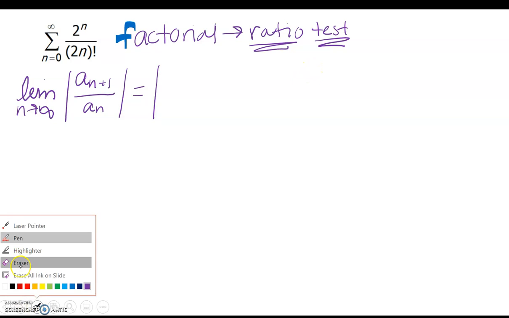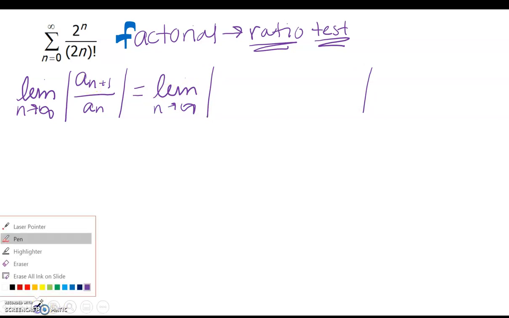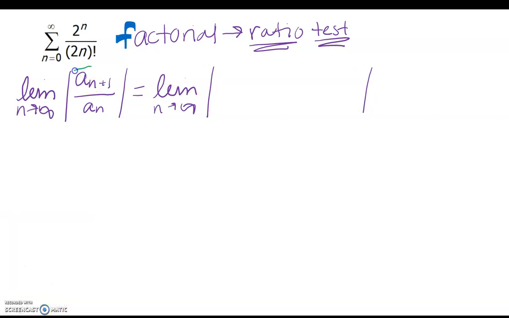Make sure I put in the limit. So I have the limit as n goes to infinity of my expression. So I'm going to go ahead and write actually the a sub n plus 1 first.